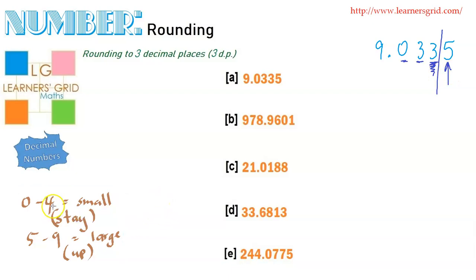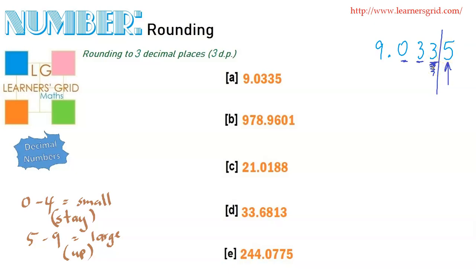If the indicator digit is from 0 to 4, it's small, and that will tell us that the target digit stays whatever it is, in this case a 3. If the indicator digit is from 5 to 9, it's large, and that tells us that the target digit here has to go up, has to increase by a value of 1.